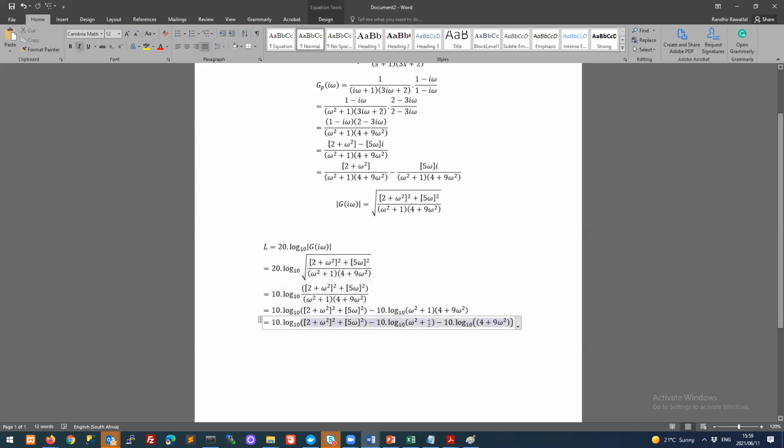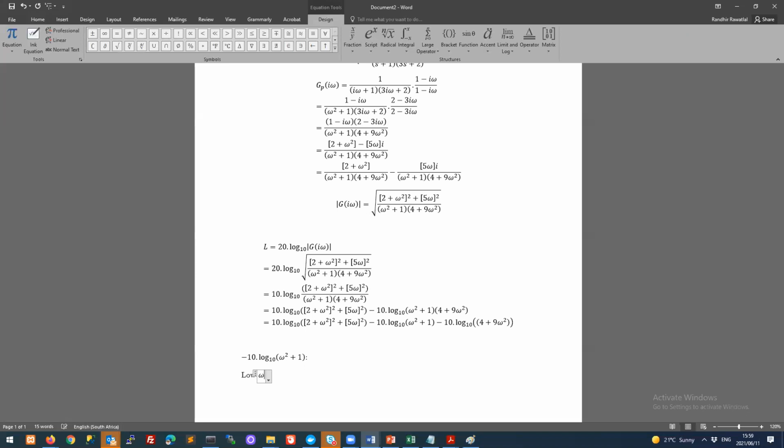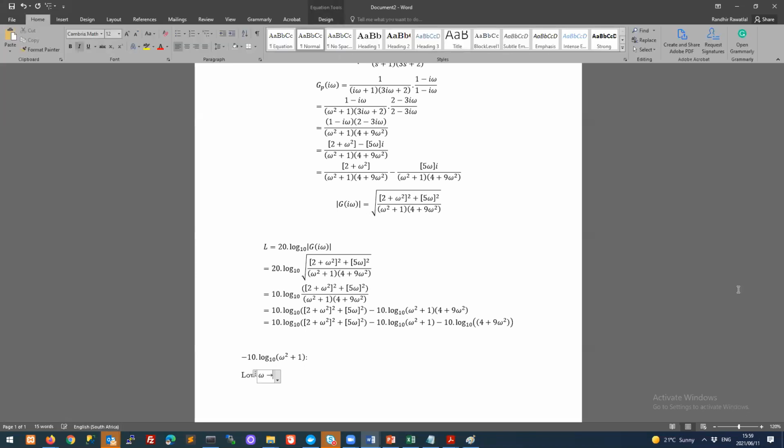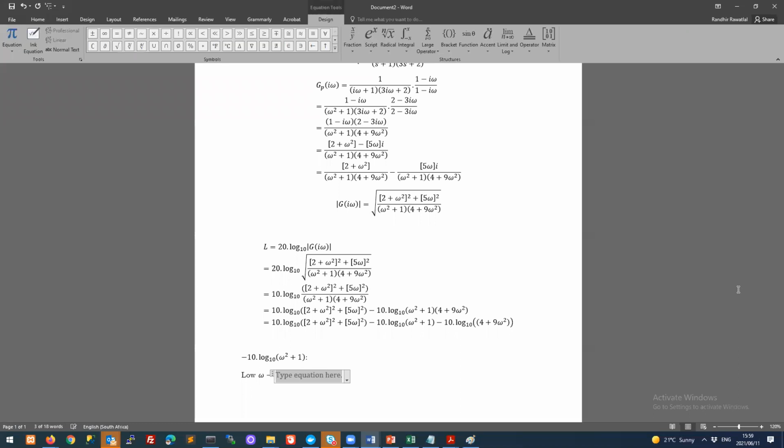So what you would do is, let's take this term: omega squared plus 1, minus 10 log of omega squared plus 1. So you would say for low values of omega, clearly this is simply minus 10 log 10 of 1, which is 0.